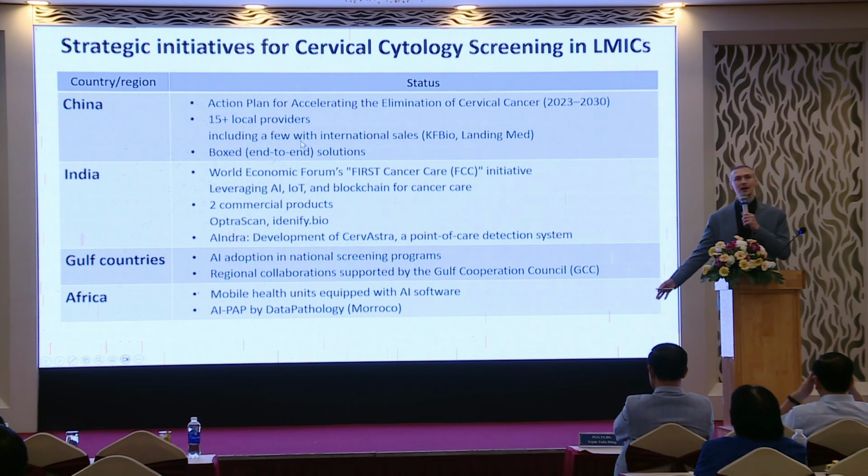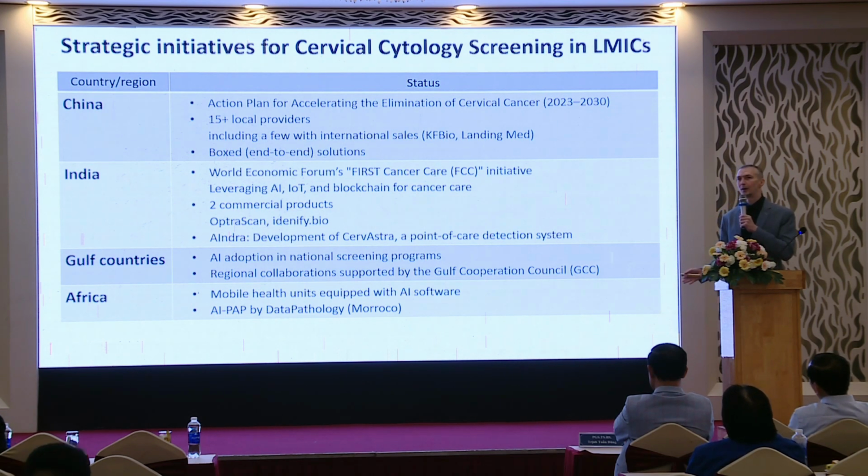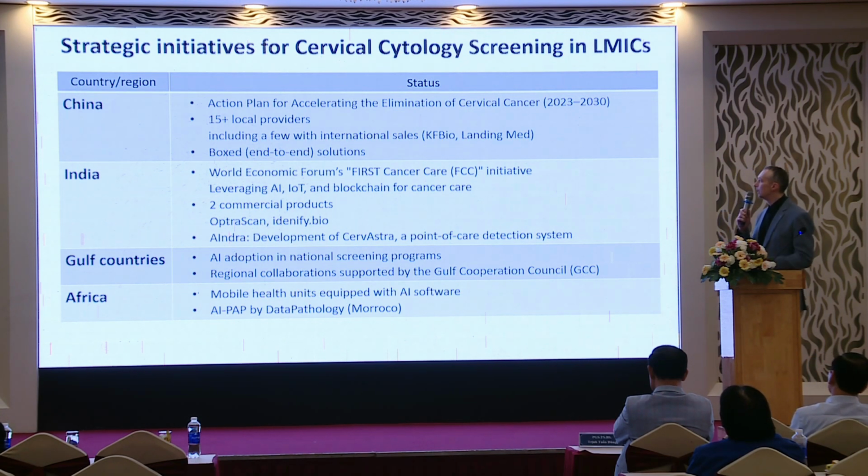For example, the one shown today during the lunch break, I never heard about the company, but it seems they have a small-scale scanner, a high-throughput scanner, and also AI tools. Maybe all of them are generic devices, who knows, but they are definitely leading the way for digital cytology. India also has several commercial products. They're a little bit behind, but I think they are also developing in that direction. And some other countries are highlighted here.